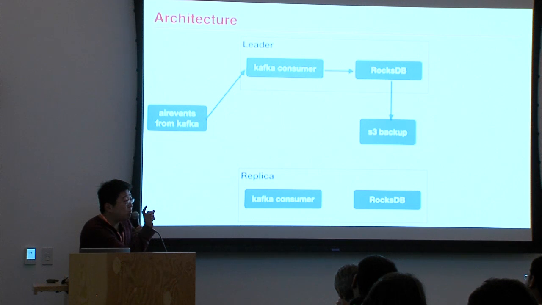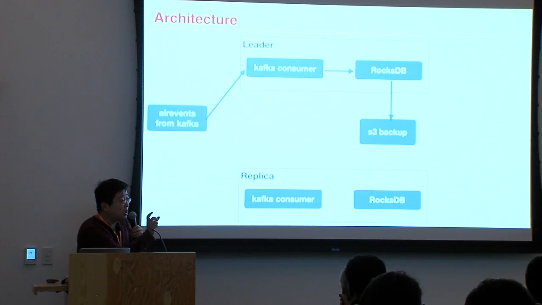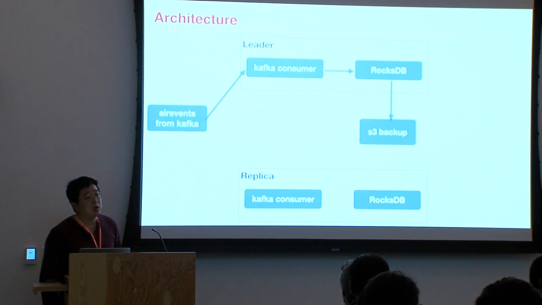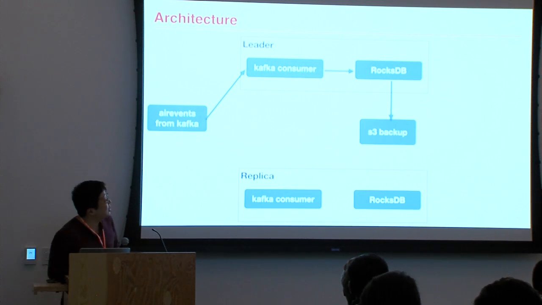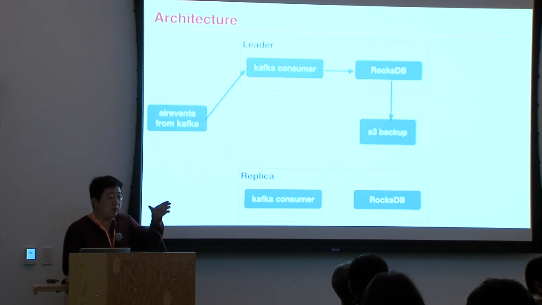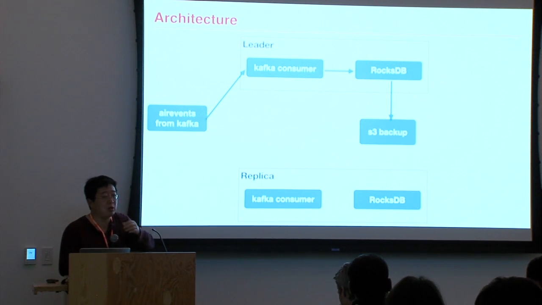We only store the metadata there: the Kafka state, like what offset within Kafka, and the snapshot's metadata, the version number, the path, and everything.